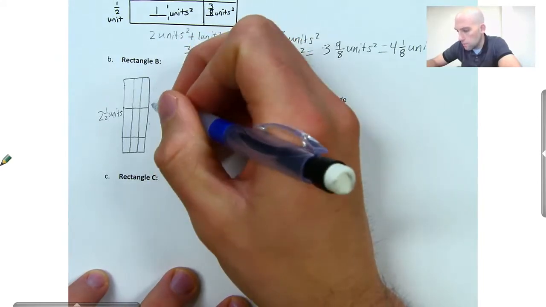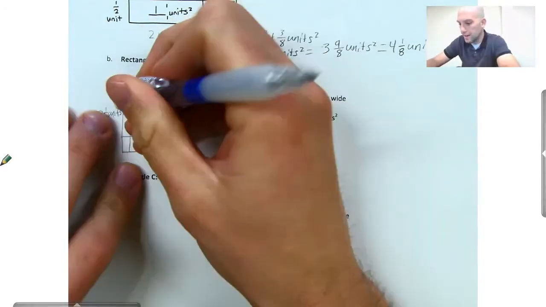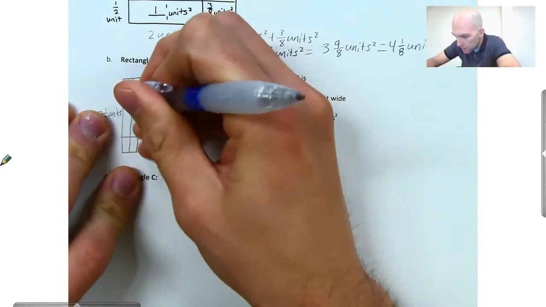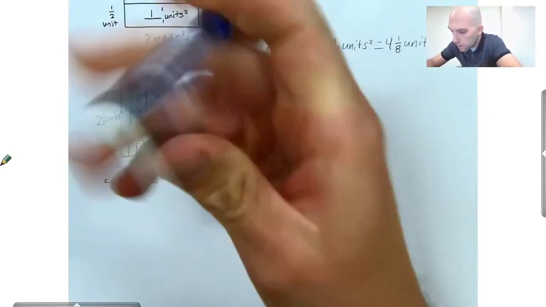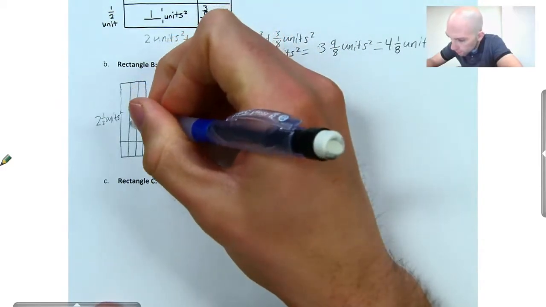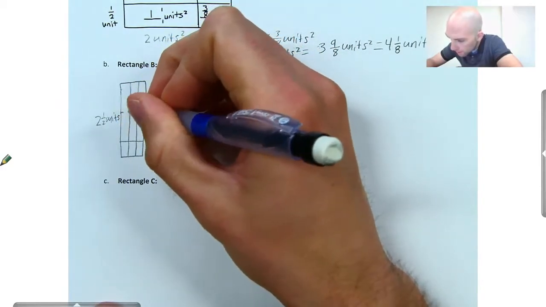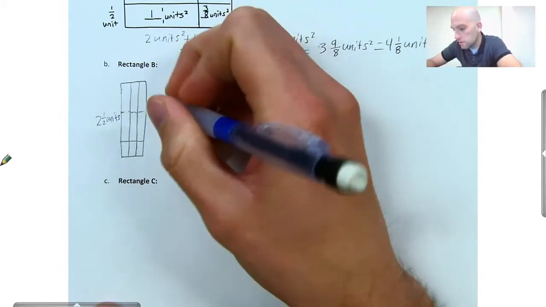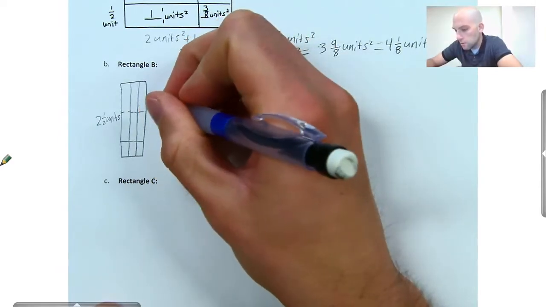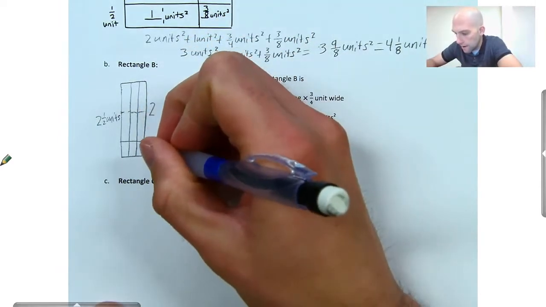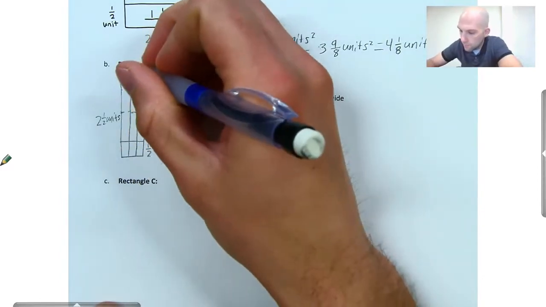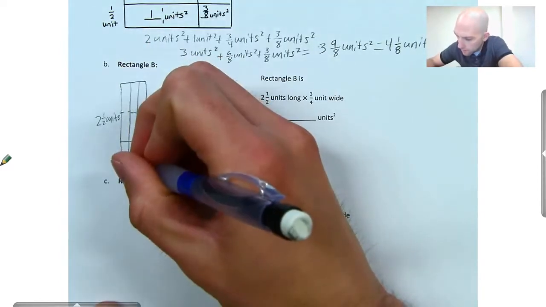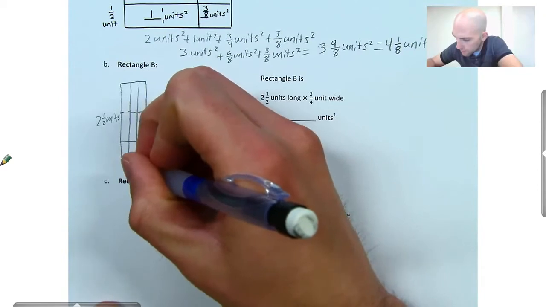So this is 1, 1, but I'm going to dot this line so that we can see that this is 2 different parts, but we're going to treat it all as 1 for our area model. So we have these 2 sections here. It's going to be 2, and this is going to be 1/2. And then we have 3/4 this way.